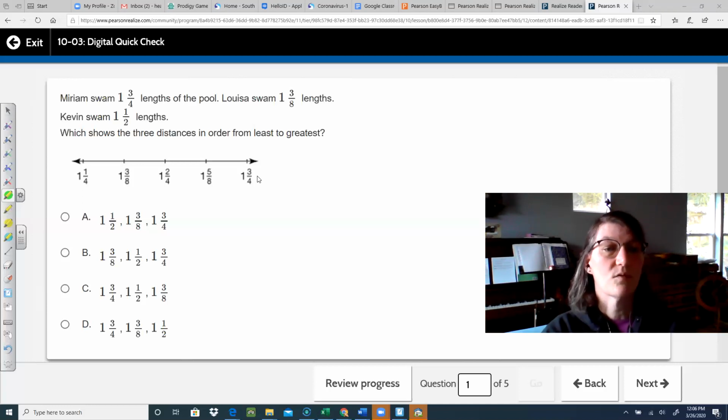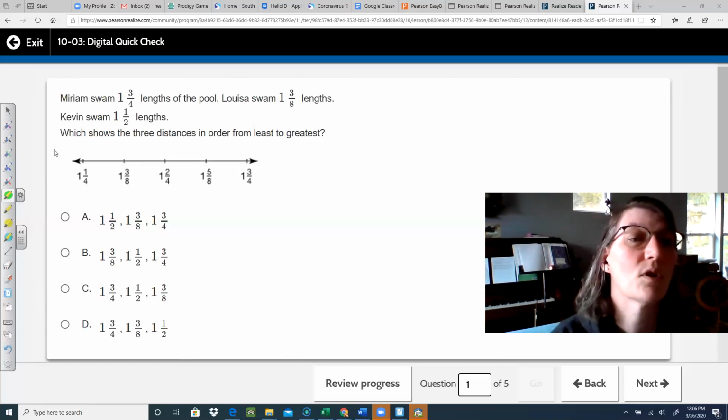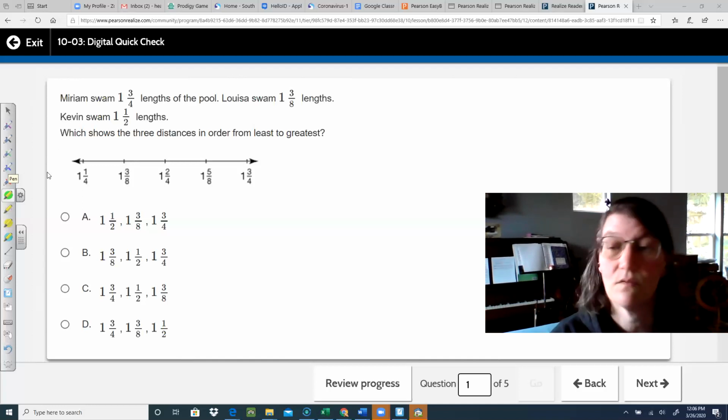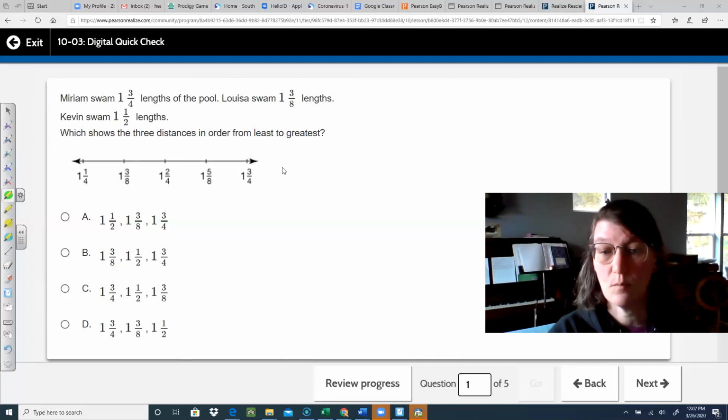B, 1 3/8, 1.5, 1 3/4. C, 1 3/4, 1.5, 1 3/8. D, 1 3/4, 1 3/8, 1.5. So select which one you think shows them from least, so smallest, to greatest, largest. Now remember, your least number is going to be at this end of the number line, and your greatest is going to be down near this end of the number line.